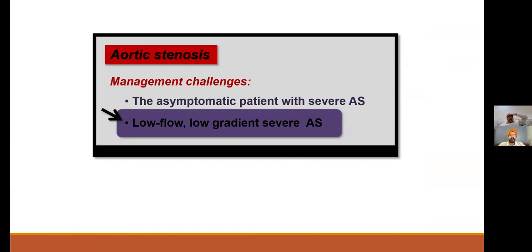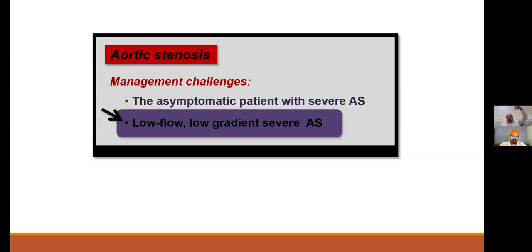Introducing one more concept: low flow, low gradient, severe aortic stenosis. So there are 2 types of low flow, low gradient, severe aortic stenosis. Low flow is, as Dr. Parasha sir has already said, when your left ventricular stroke volume index is lesser than 35. Low gradient obviously would be lesser than that.